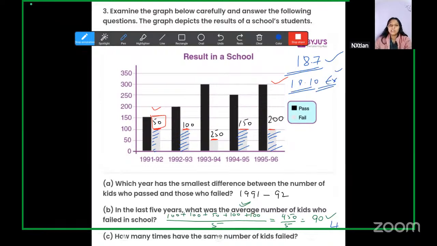You are given some number of scooters. What you have to do is convert that data proportionally, to reduce the height of the graphs. So do the 18.10 example, and 18.7 also, please try out.